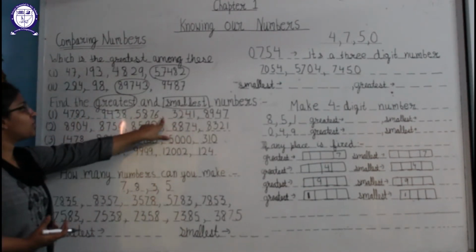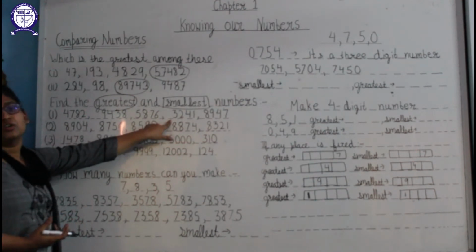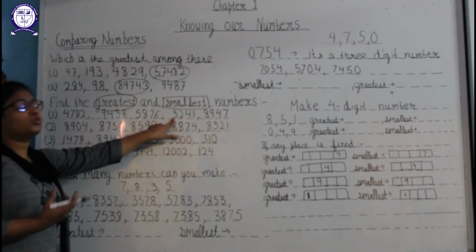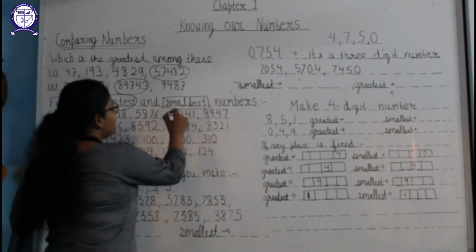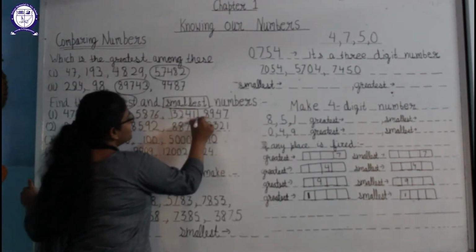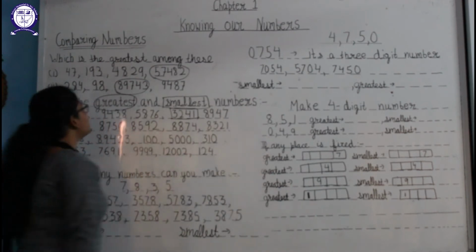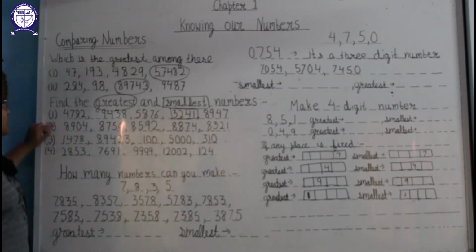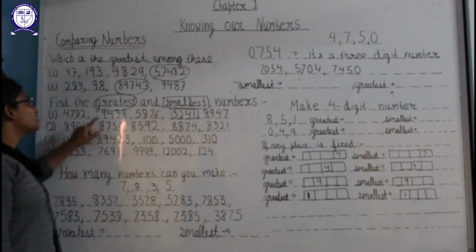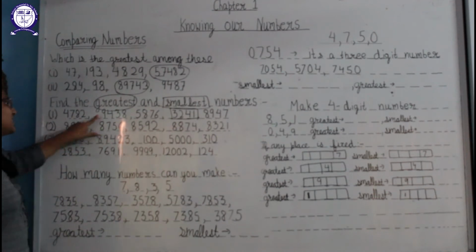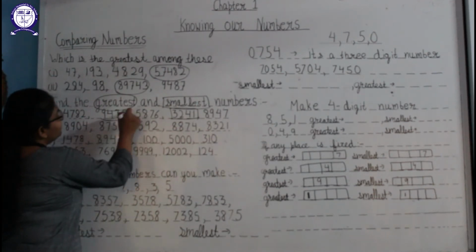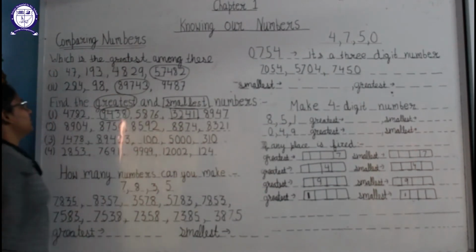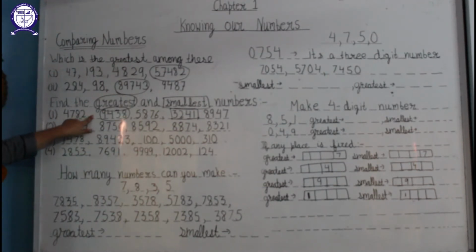Which is the smallest? 3 is smallest. So we can easily say that 3,241 is the smallest number. And which is greatest? Again, we compare the first digits: 4, 9, 5, 8. Here 9 is the greatest digit, so we can circle it and say that this is the greatest number.